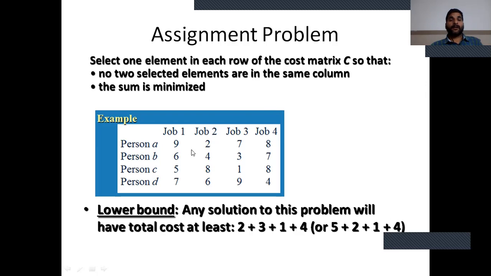The lower bound can also be selected column-wise. In the columns, the first column minimum value is 5, the second column minimum value is 2, the third column minimum value is 1, and the fourth column minimum value is 4. So the total sum is equal to 12. So the lowest cost, row-wise, is 10.